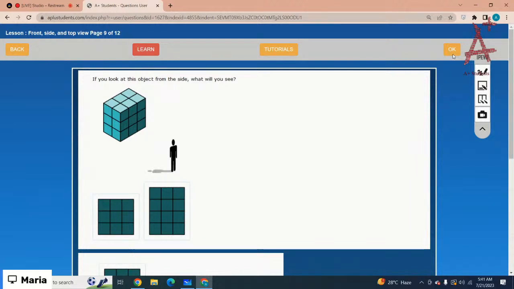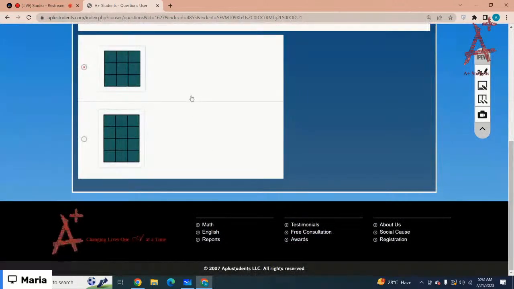If you look at this object from the side, what will you see? Yes, you can see this one.